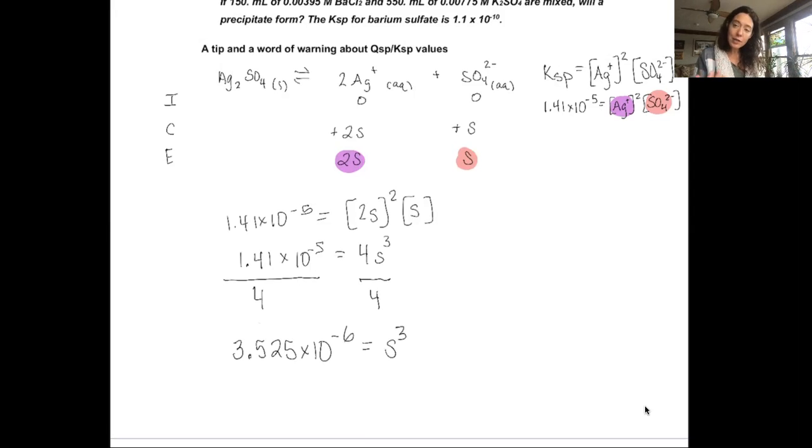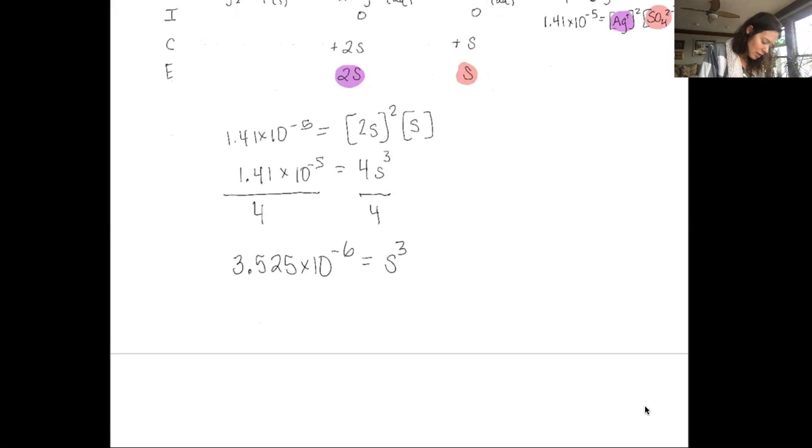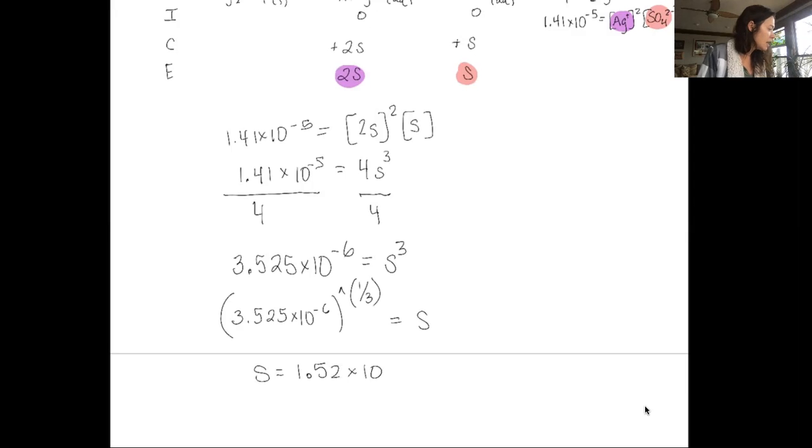Now what I do is I take this 3.525 times 10 to the negative 6, and I raise it to the 1/3. And that equals S, and S equals 1.52 times 10 to the negative 2nd.